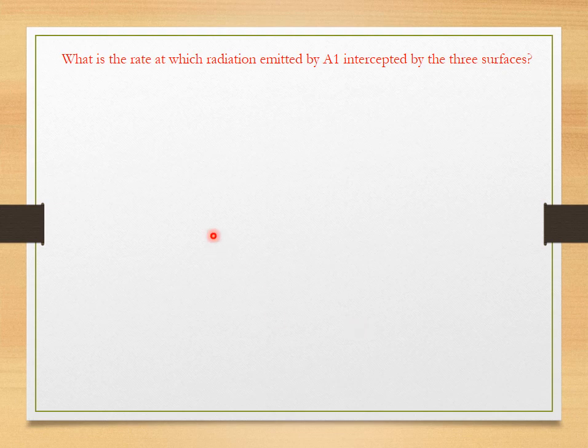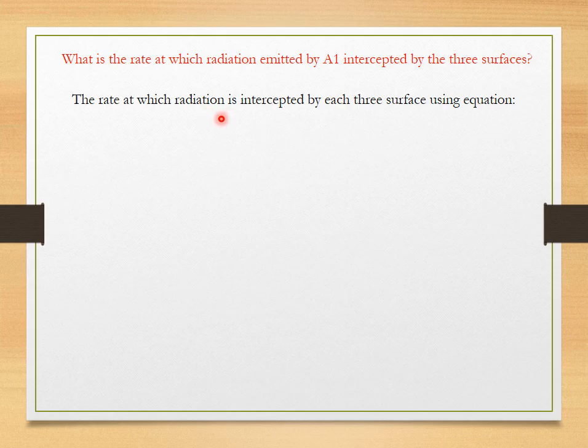Next, what is the rate at which the radiation emitted by A1 is intercepted by the three surfaces? The rate at which radiation is intercepted by each surface uses this general equation: Q1 to 2, 3, and 4.